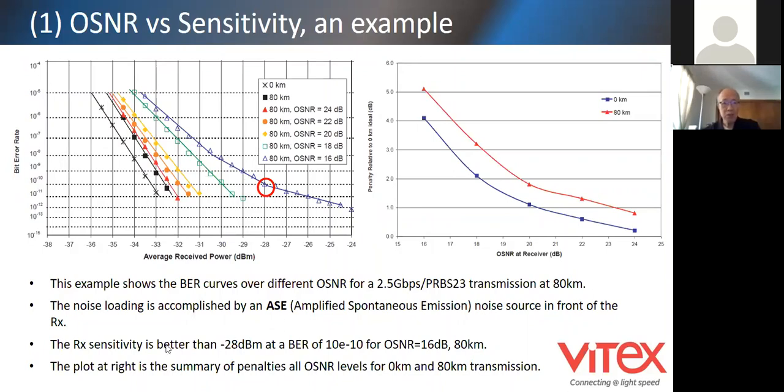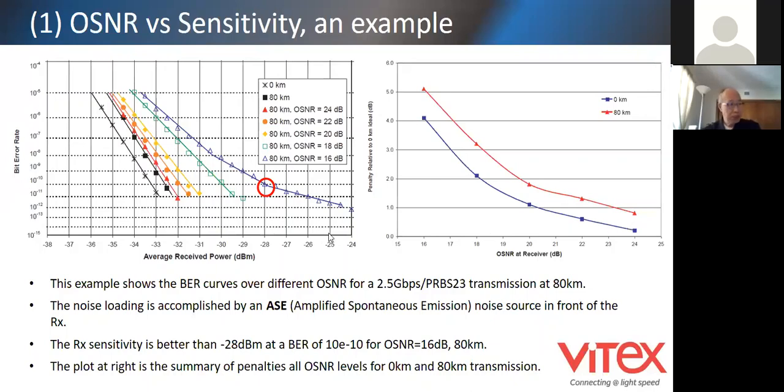What I try to show you is this curve. It's roughly a dB in between those two. You can see those two curves are from no fiber to 80 kilometer fiber, through different levels of OSNR, with the dispersion penalty here. You can see it's pretty linear, about a dB or so across.